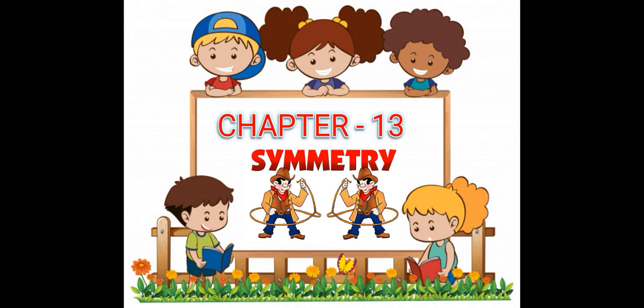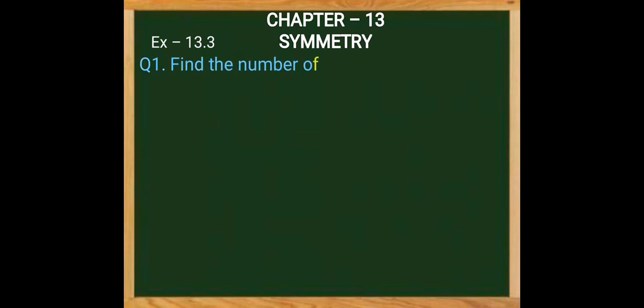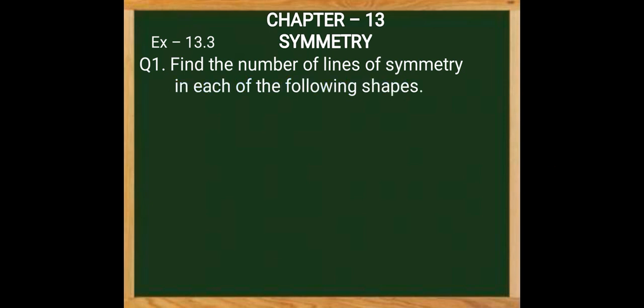Let's move further with the same chapter number 13, Symmetry, and exercise 13.3. First question of this exercise says, find the number of lines of symmetry in each of the following shapes.